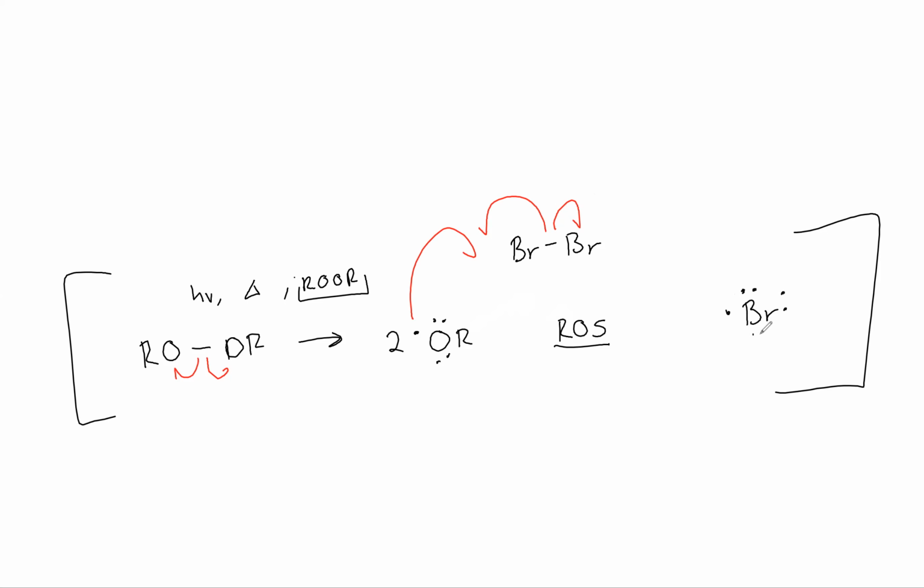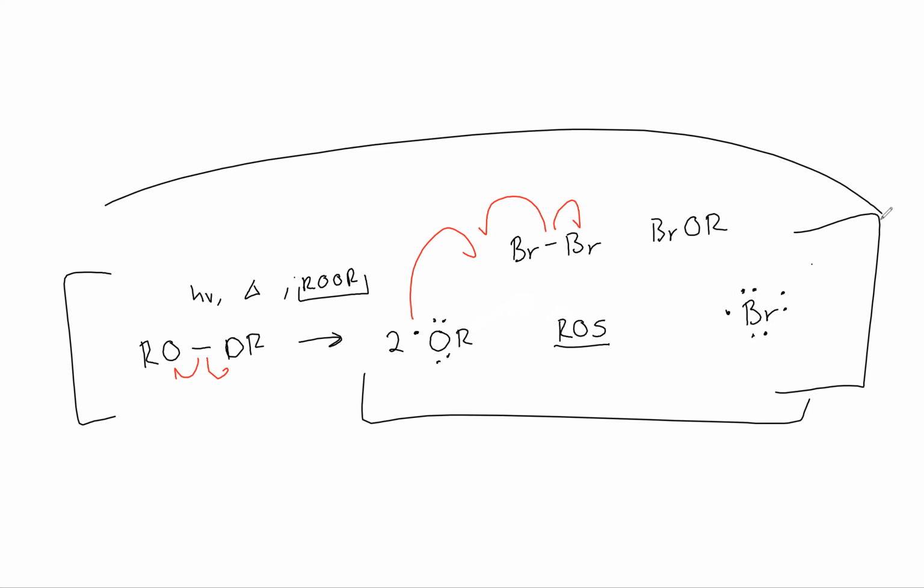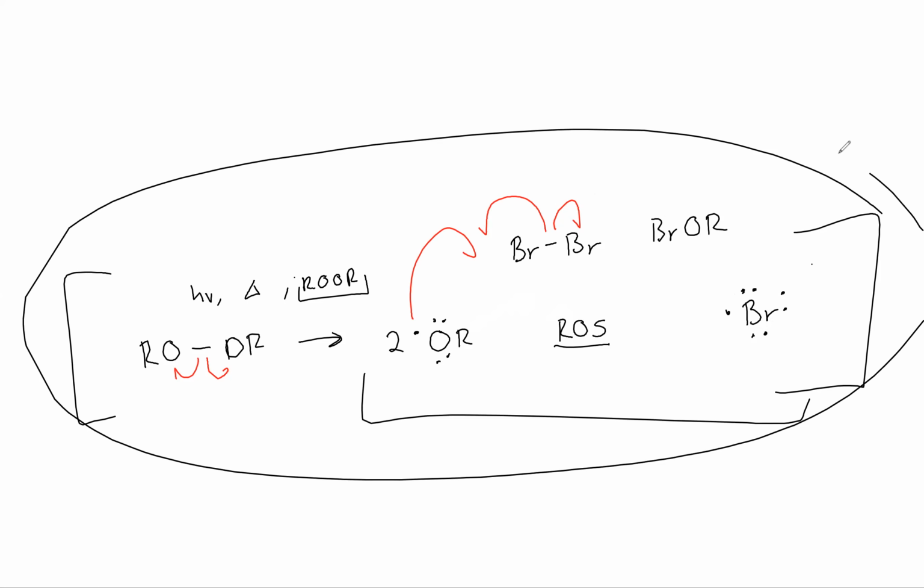While this second step does look like it should be just a propagation step, all of this is considered the initiation step, because ROOR breaking apart is considered to be our light or our heat that starts out the reaction and not in itself part of the reaction. Does that make sense to everybody?